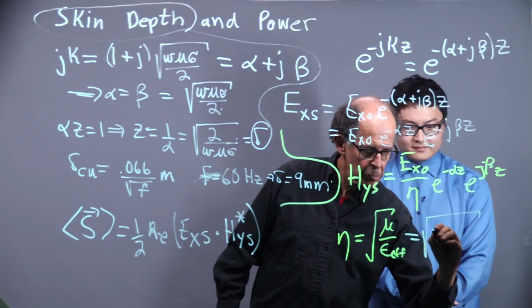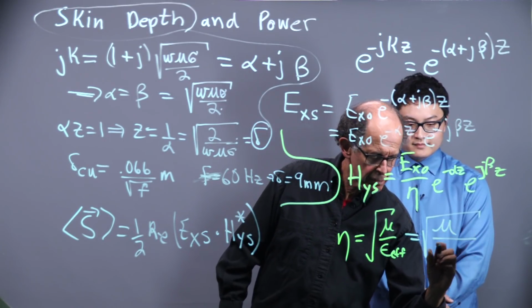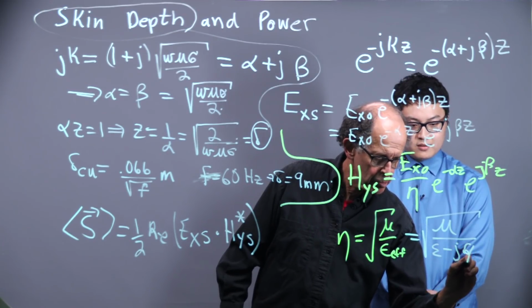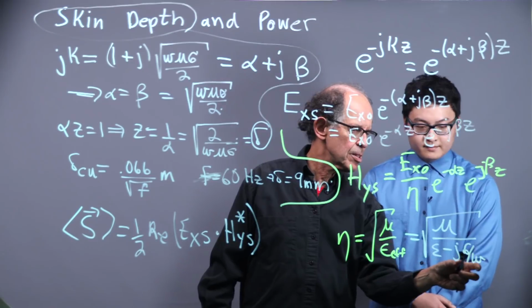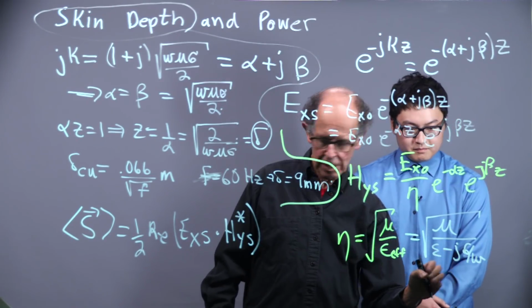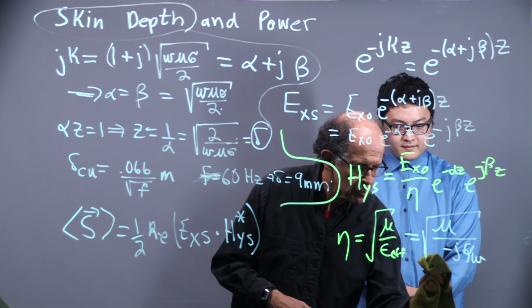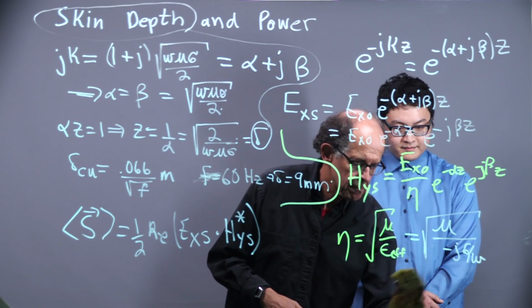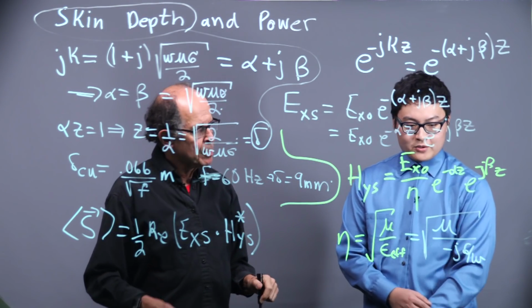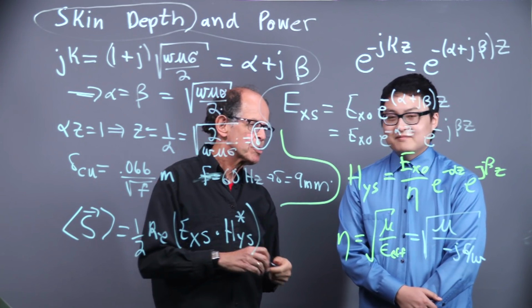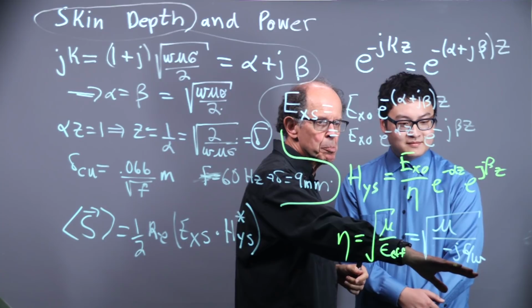Epsilon effective is epsilon minus j sigma over omega. But we know that sigma over omega is much bigger than epsilon, so that explodes and epsilon is caught in the explosion. So sigma is bigger. We've seen this before.